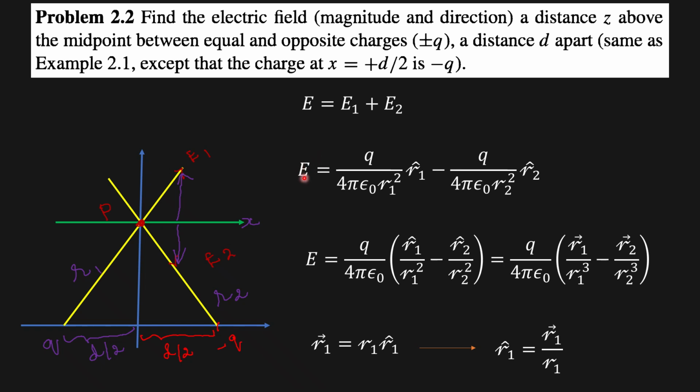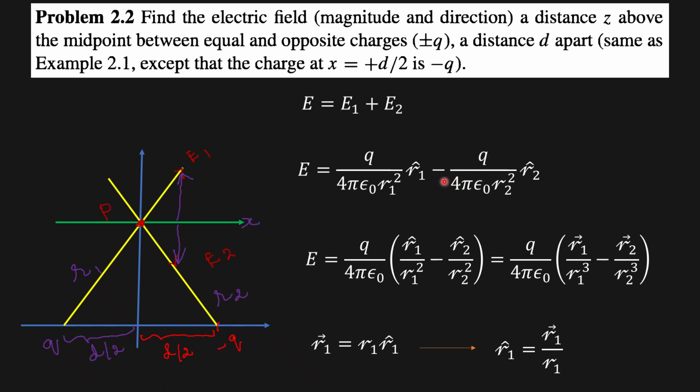So now E1 is equal to q over 4 pi epsilon naught script r1 squared along the direction r1 hat, along this direction. Similarly, E2 has minus q, because here the charge is minus q.